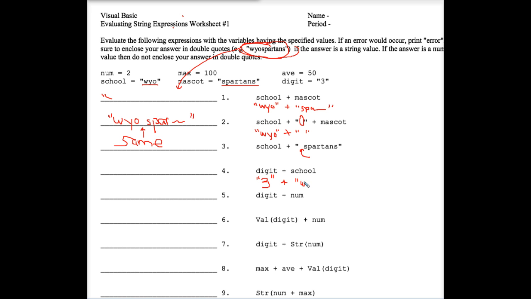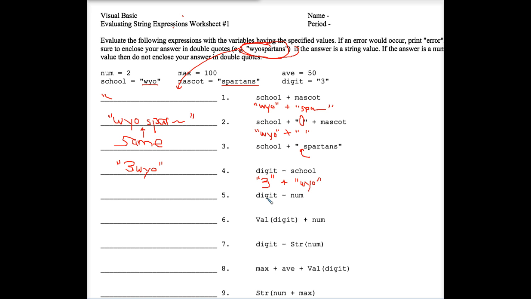So in number 4, just rewriting it, this is how you can think of the exercise. 3 in double quotes plus YO in double quotes. So your answer is simply 3 YO, all in one set of double quotes. Again, I don't see a practical reason why this would ever be done in a computer program, but it makes for a nice tricky worksheet question, and that's the way it is.